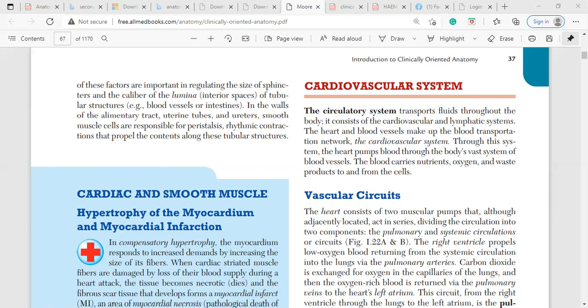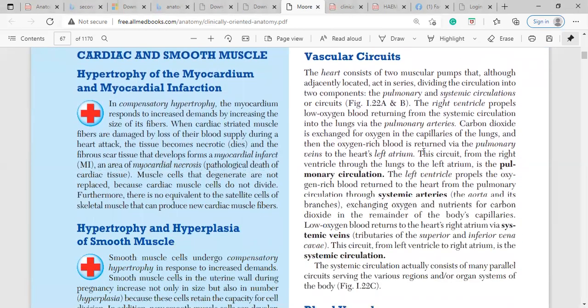So you'll find here, it goes to the left atrium. Now, this circuit from the right ventricle through the lungs to the left atrium is called the pulmonary circulation.